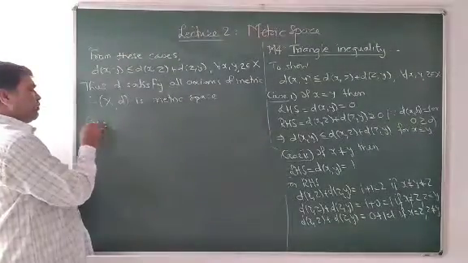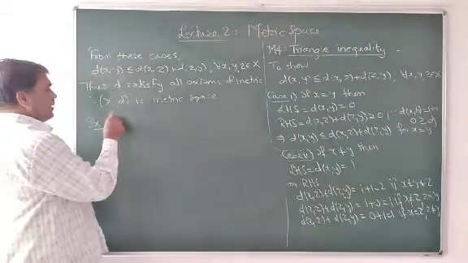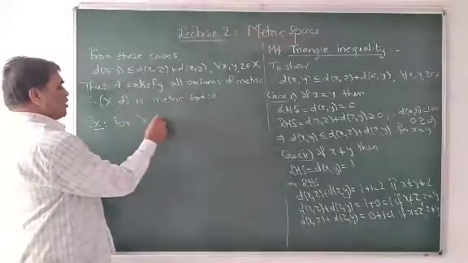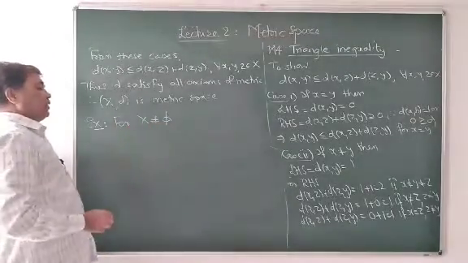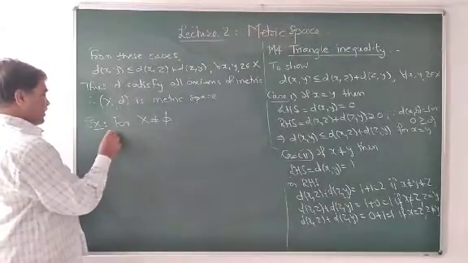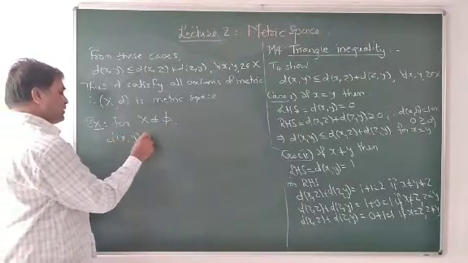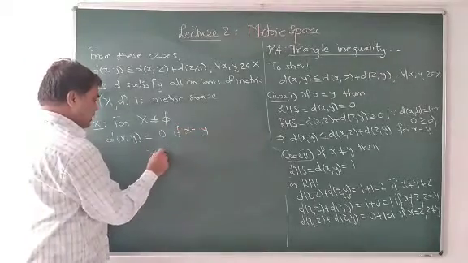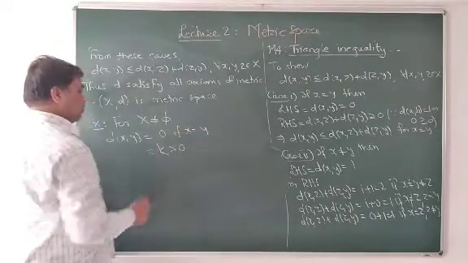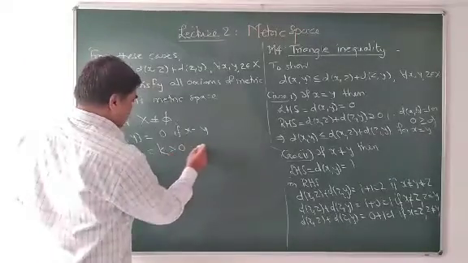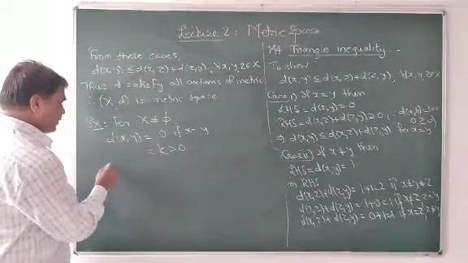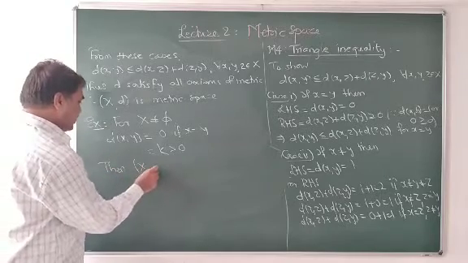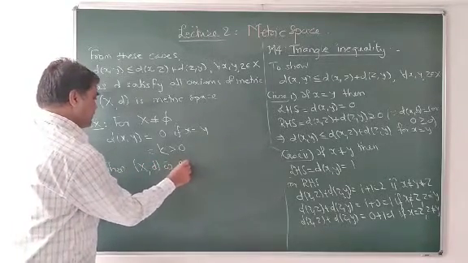Now in this example, if I take another function in the following way, for X a non-empty set, d of (x, y) is defined as 0 if x is equal to y, and it is k greater than 0 otherwise. Then (X, d) is a metric space.